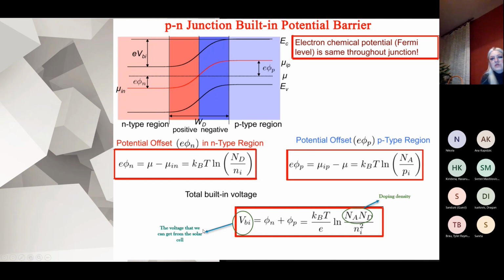That voltage is the voltage that we get for the solar cell, which is quite important for us. We need to know this equation, because after that we're going to see how this built-in voltage changes when we apply a voltage. For now, we don't have a voltage. We can also see that this built-in voltage depends on the doping.